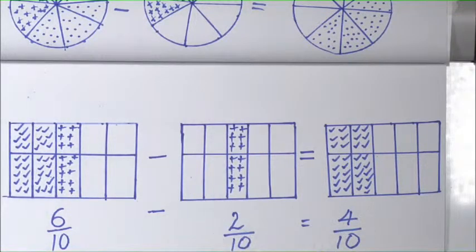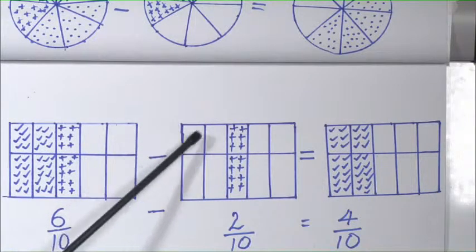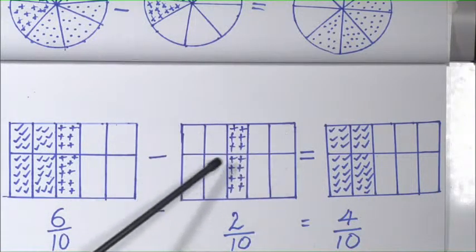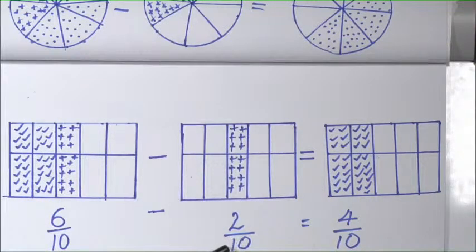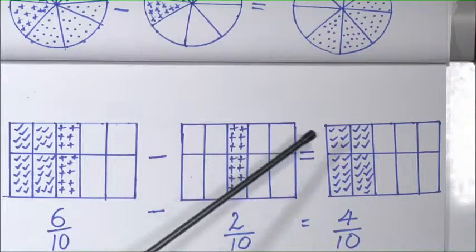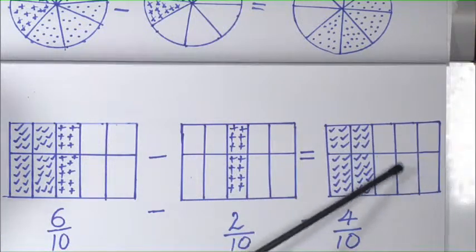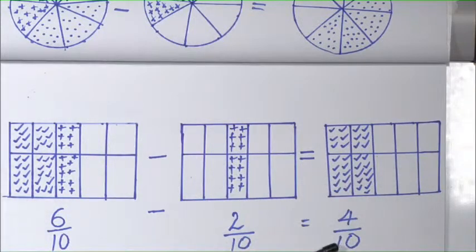4/10. Again, do you see that because we have the same number of equal parts here, we have 10. The same number of equal parts there, we still have 10 as the denominator. The same number of equal parts is 10, the denominator. 2 subtracted from 6 gives 4.